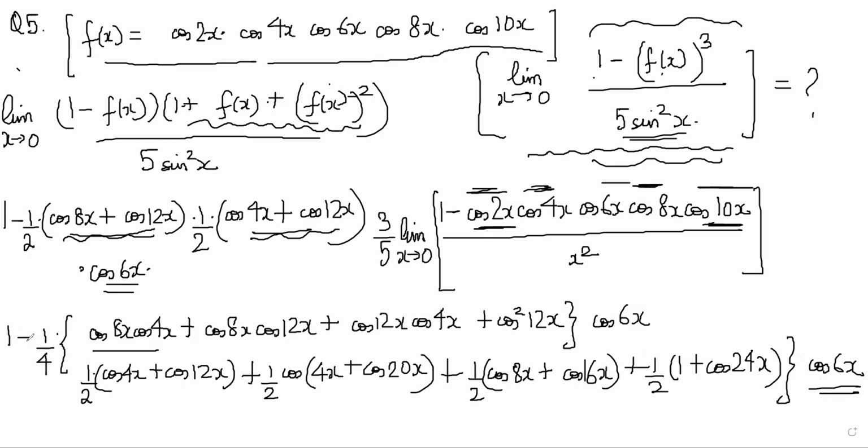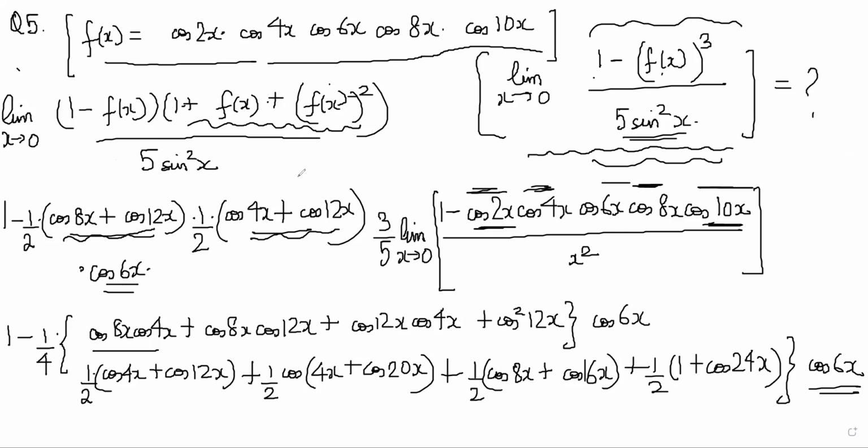It is a little long, but is there some smarter way to do it? Sir, in that limit, if we try splitting the term 1 minus cos 2x, cos 4x somehow into a different form? See, no matter what you do, this will be a long question only.